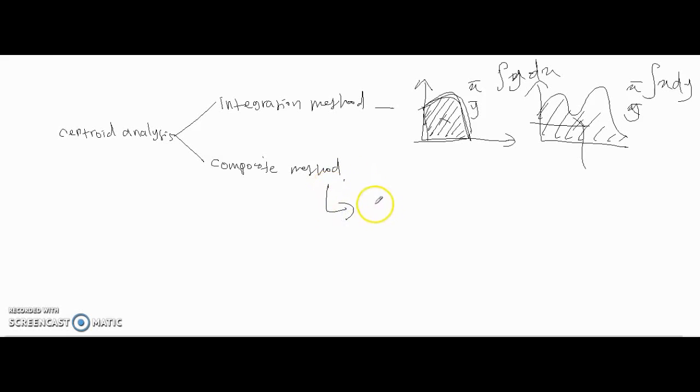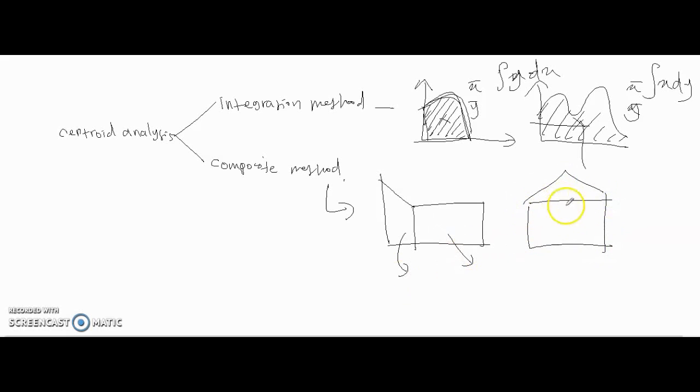For example, you have a shape like this. This is actually a combination of a trapezoid and a rectangle. Another shape like this one is a triangle and a rectangle.